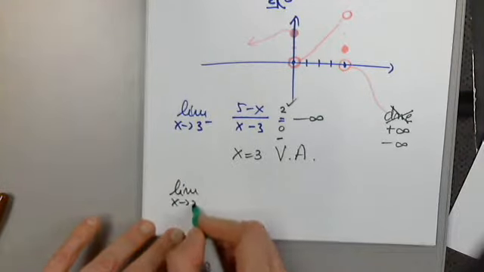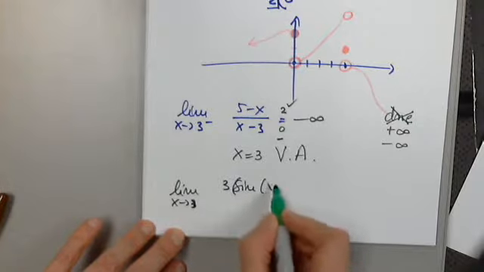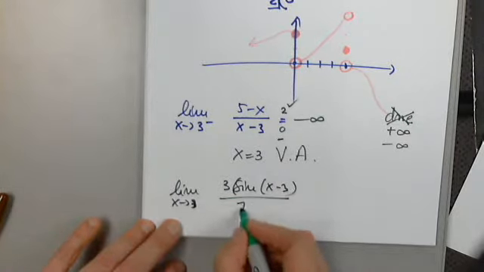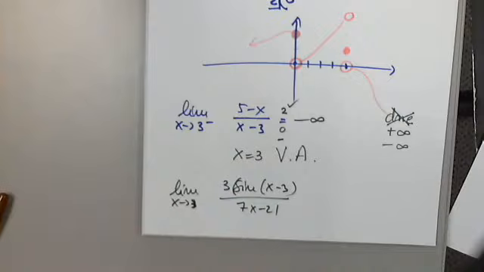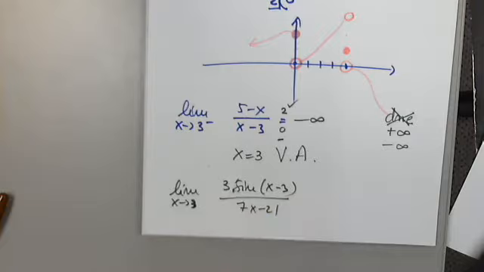Limit as x approaches 3 of sine(x minus 3) divided by 7x minus 21. Okay, I said plug it in. I'm given a limit, and I'm asked to determine it. The first thing I have to do is, since I have no idea what type it is, plug it in.